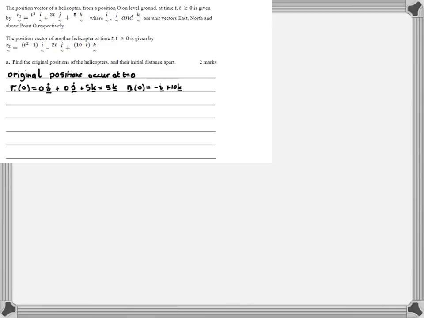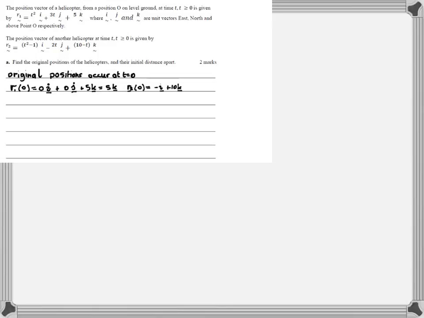Alright, so it's just trying to give some physical direction to each unit vector. And then there's another helicopter flying around, given by this position vector. Our job is, part A, find the original positions of the helicopters and their initial distance apart.